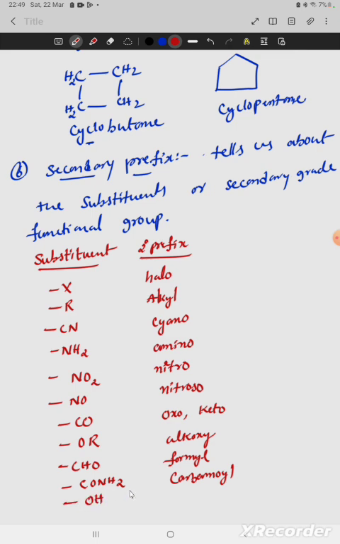OH is hydroxy. These are their substituents and their prefix, the secondary prefix.